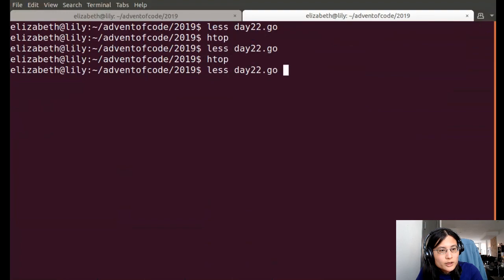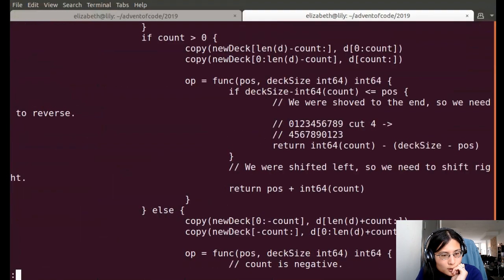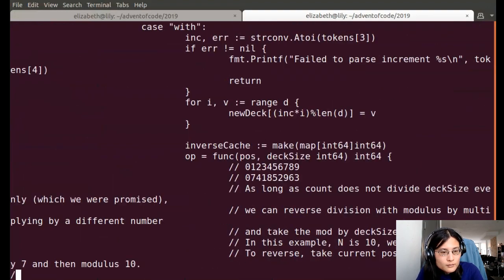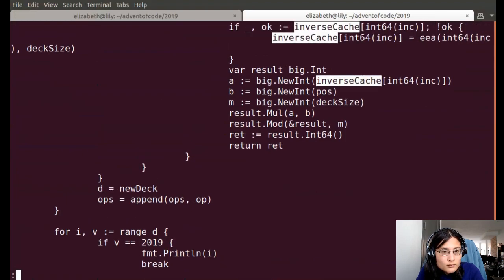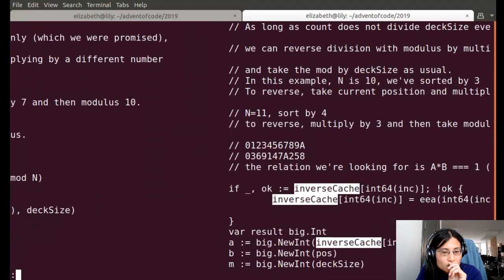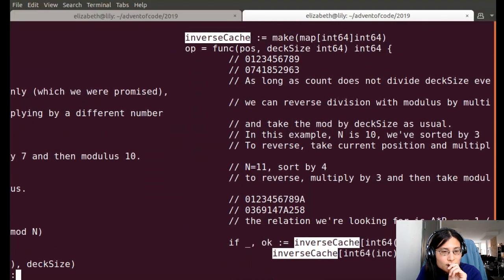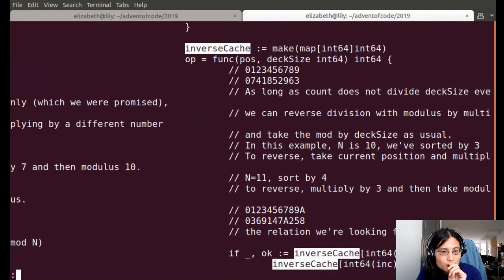Using 9 gigs of RAM in total, but that includes Chrome and everything else. Am I actually successfully getting to use that inverse cache? Because if not, that's going to be a problem.